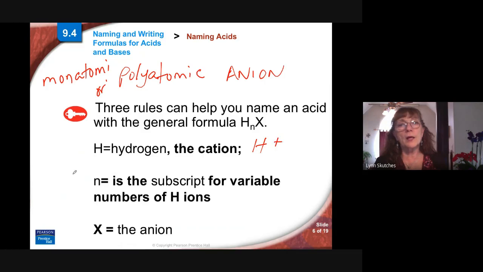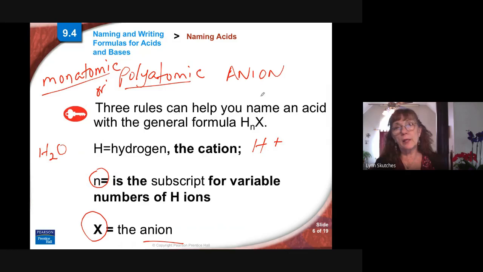N is a subscript, like H2O for 2 hydrogens. And again, we're going to balance charges, just like we do with regular ionic compounds. And then X is for the anion, the random unknown anion of your choice. Okay? So following this pattern, we need to know whether it's monatomic anion or polyatomic anion. And then if it's polyatomic, is it ite at the ending or is it ate at the end?